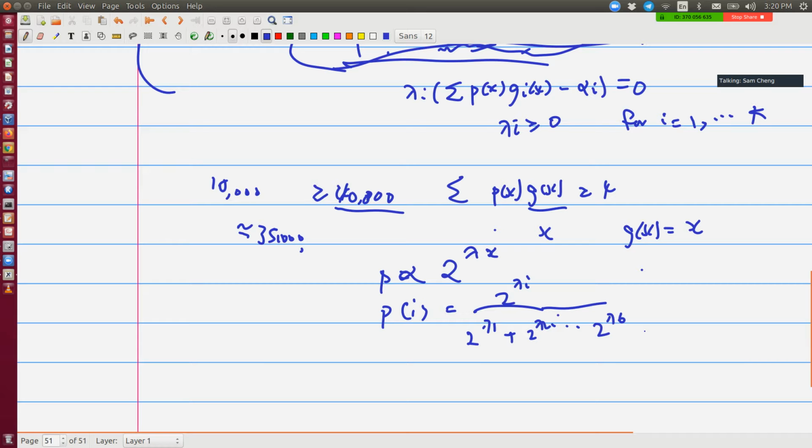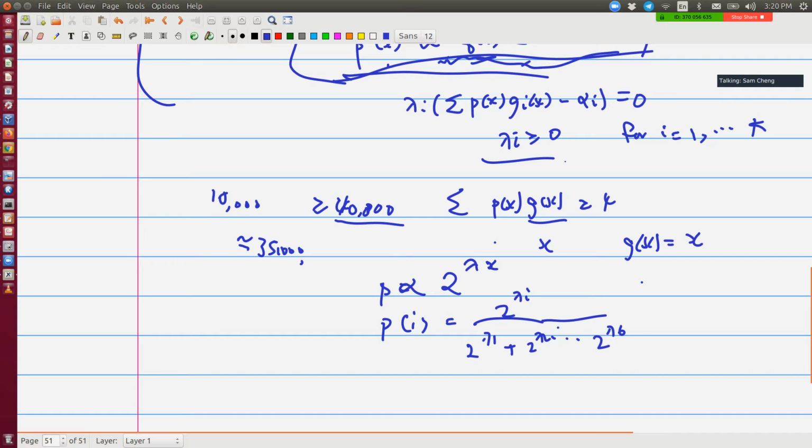And of course lambda should be bigger than or equal to 0. And of course, lambda cannot be 0, right? If lambda is equal to 0, then I have a constant here. What I mean is that if lambda is equal to 0, p is just equal to 1 over 6. And we know that p is not equal to 1 over 6.